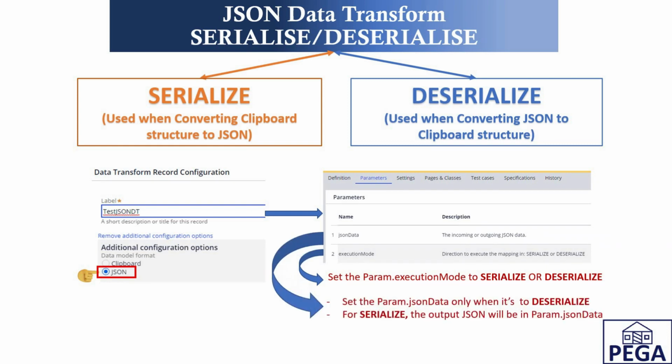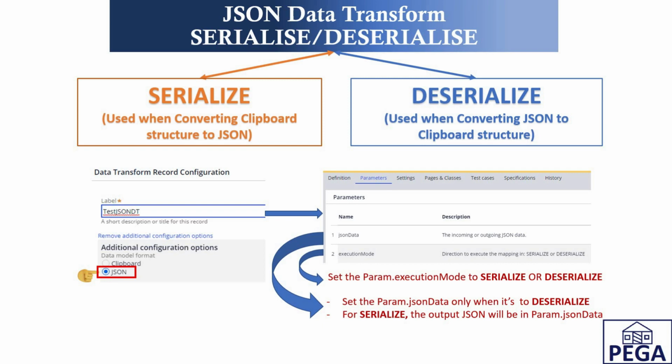In the JSON data, you set param.jsonData only when it is deserialize, because you are going to convert that JSON to a clipboard structure. However, when it is serialize, you are converting the clipboard structure to JSON data, so during that time you do not have JSON data and you don't need to set it.